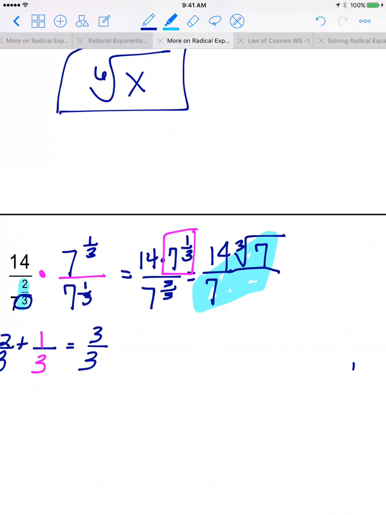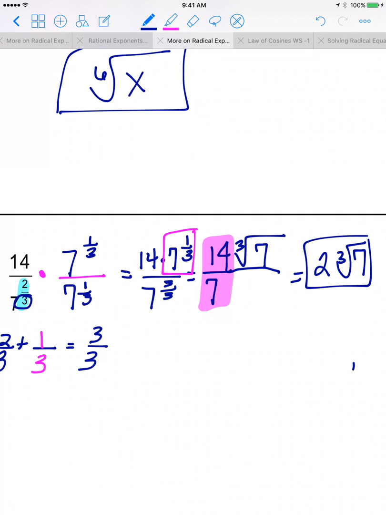This 7 is a whole 7, where this 7 in the numerator is just under the radical of 3, so a cube root. So we're not allowed to do that. But what we can simplify is this 14 divided by 7, which gives us 2 cube root of 7. And then that's all for that one.